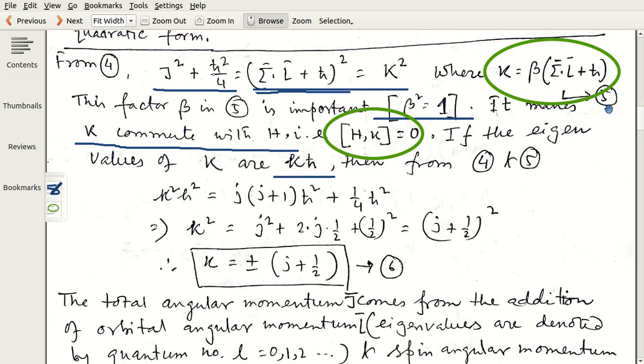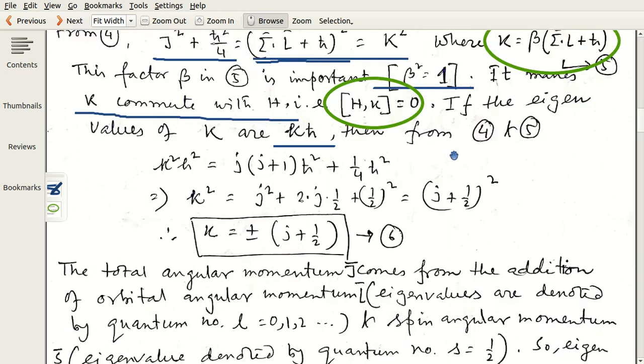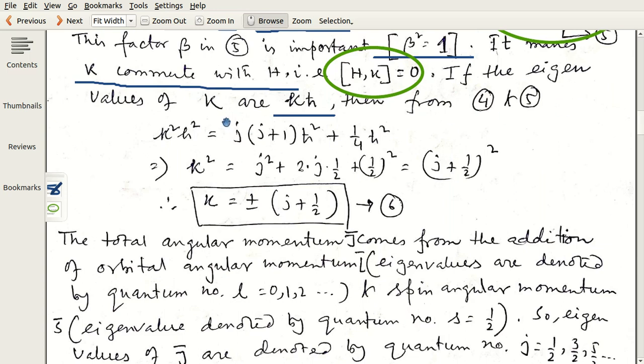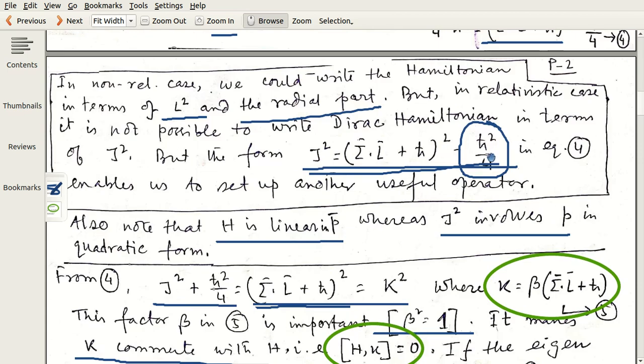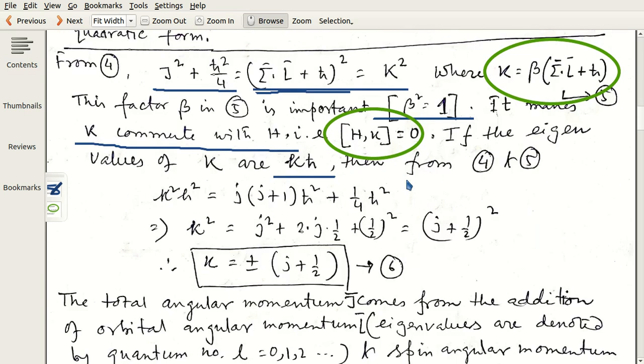From equation 5, K equal to beta times sigma dot L plus h cut, we see that h cut has the dimension of angular momentum, and therefore K has the dimension of angular momentum. So let the eigenvalues of the capital K operator be small k times h cut. Now using 4 and 5, which one is 4? This expression.